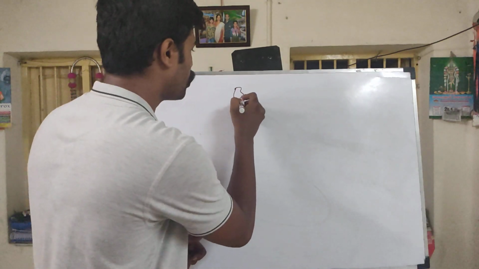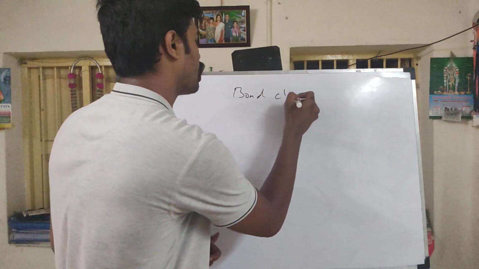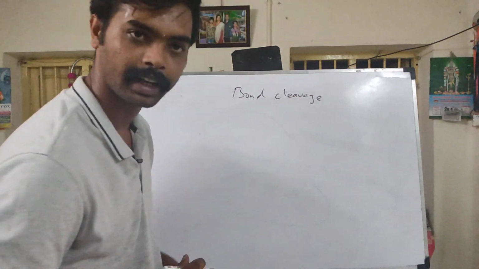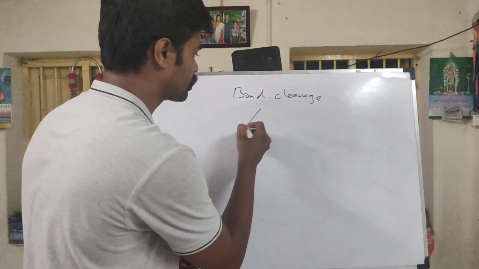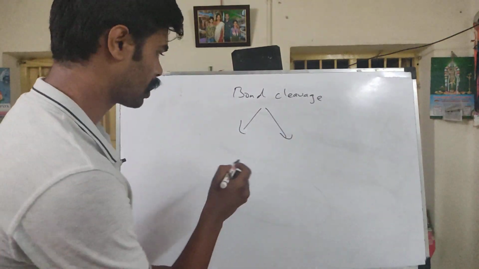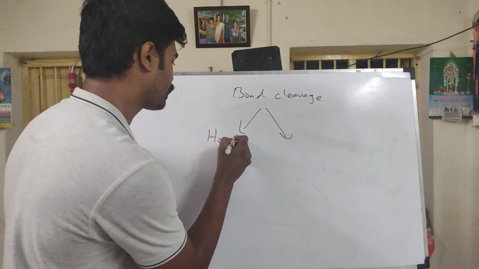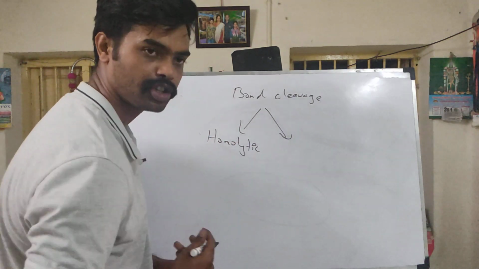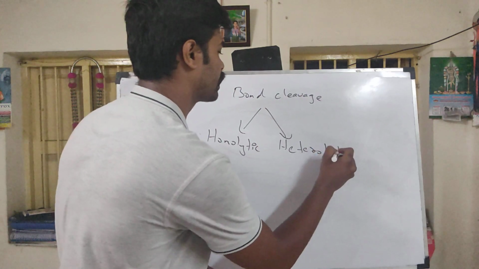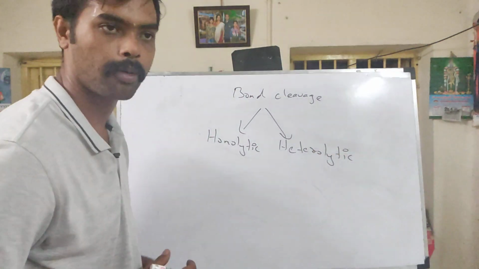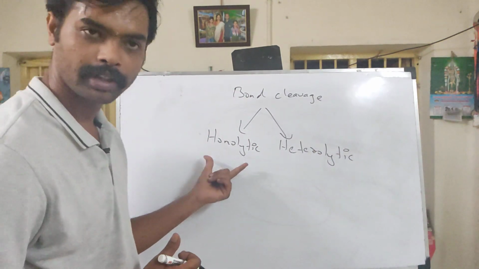When I talk about bond cleavage or bond breaking in organic chemistry, it can happen in two ways: homolytic bond fission or bond cleavage, and heterolytic bond fission or bond cleavage. Now I'll be able to easily explain them.